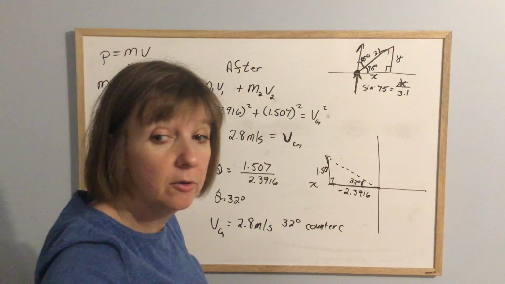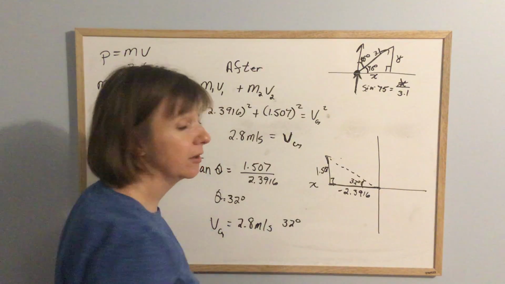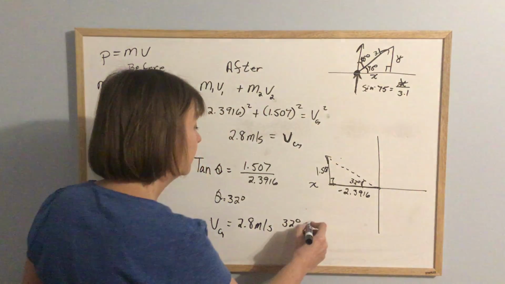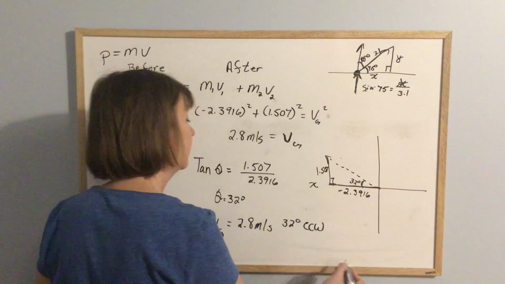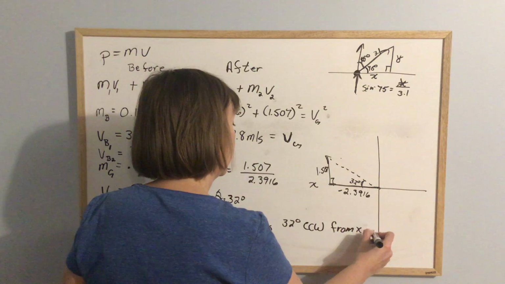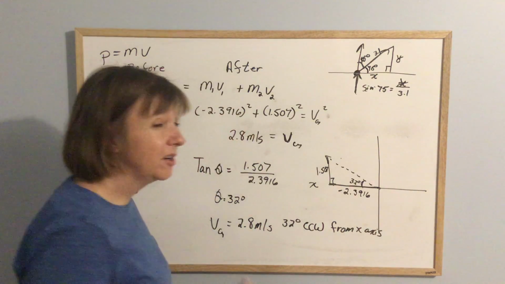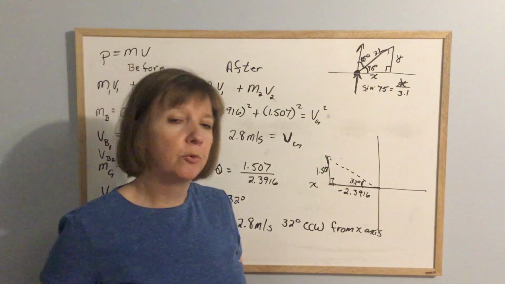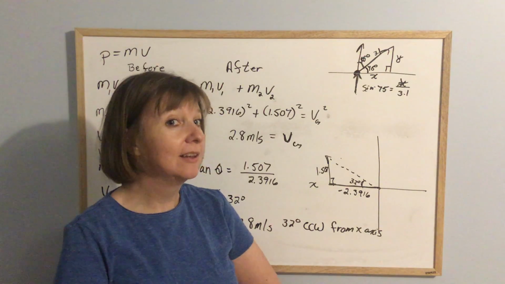Actually, you don't have to write out that whole word. Let's use the abbreviation CCW, counterclockwise from x-axis.